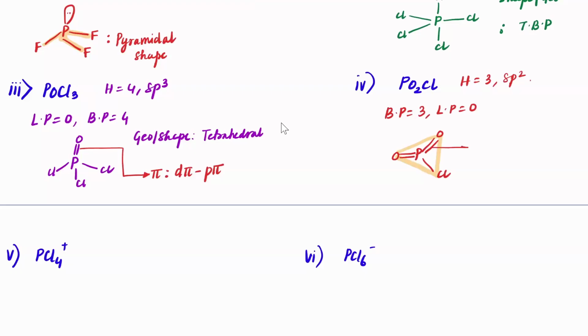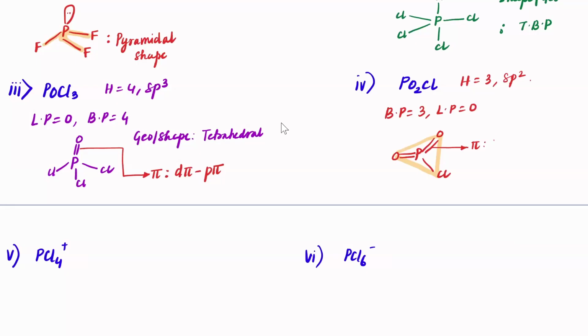So therefore, these pi bonds would be again which type of pi bond? So d pi p pi. Can you notice that there is one p orbital still left? It is not completely saturated.